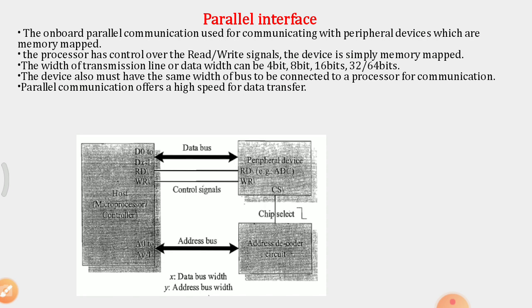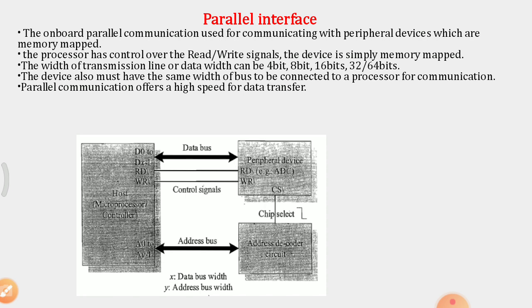The processor has control over the read and write signals. The device is simply memory mapped. Whichever device is connected by memory mapping, the processor has control over that device, like the ADC. In the figure we can see that the ADC device also has signal lines like RD and WR, read and write.